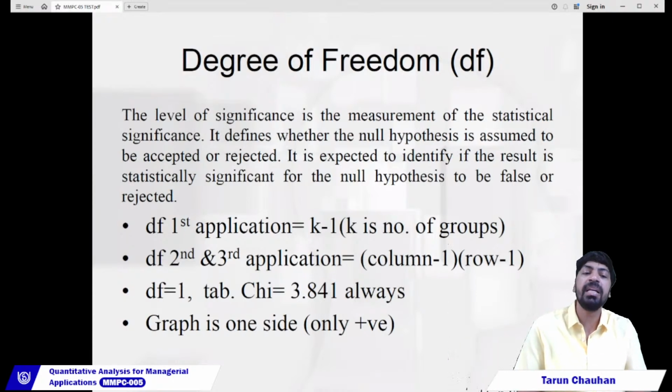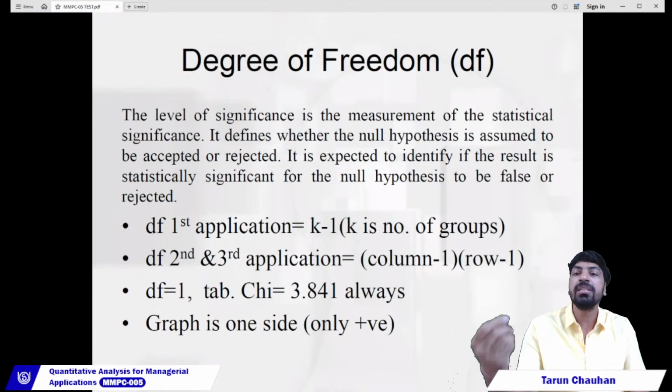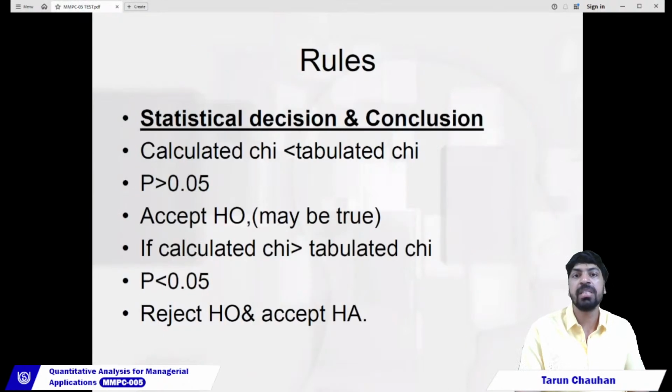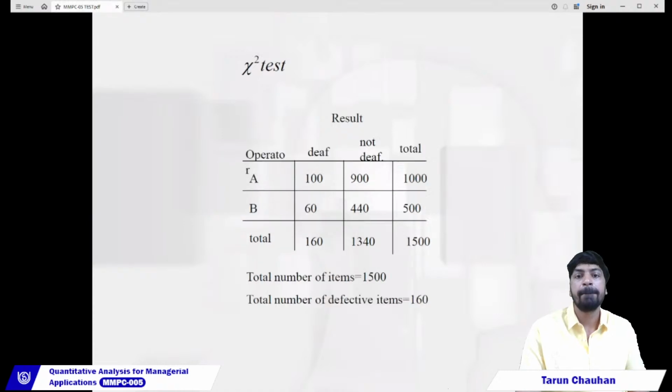So for example, if the degree of freedom, that is df, is 1, what is the tabulated chi-square value? We talk about the table value, the chi-square distribution statistical table. So let's have a look at how the tabulated chi-square values look.